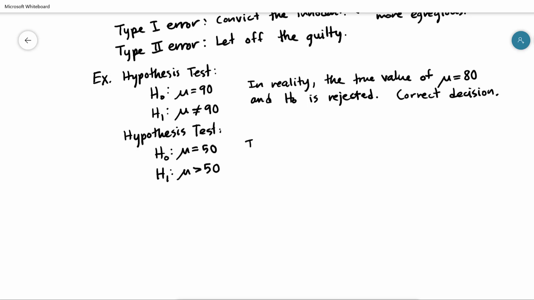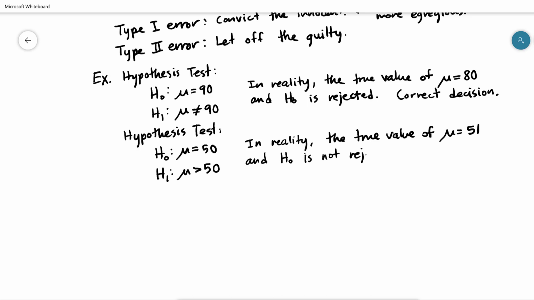In reality, the true value of mu is 51. And in this case, H naught is not rejected. Is this the correct decision, or is it some sort of error?